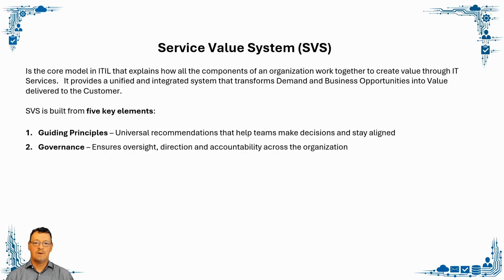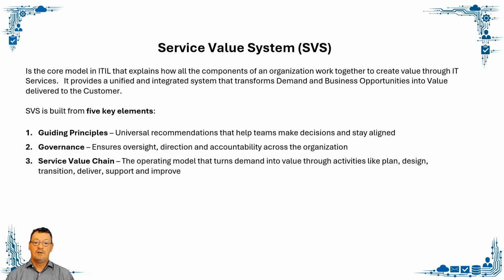You must, as an organization, have that support from above and all down the food chain, from those executives to directors, managers, and even the technical staff. All are following the same support model, so there's not chaos. The value chain is key because you provide value through the planning, designing, transition, build, maintain, support. There's constant continuous improvement that you take from a demand to delivery model.